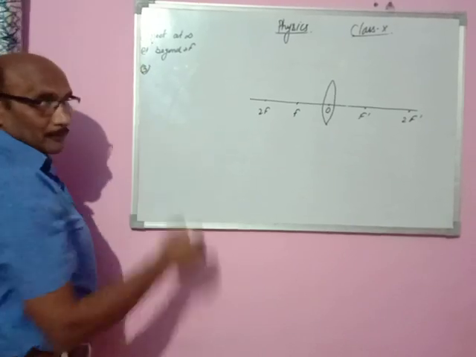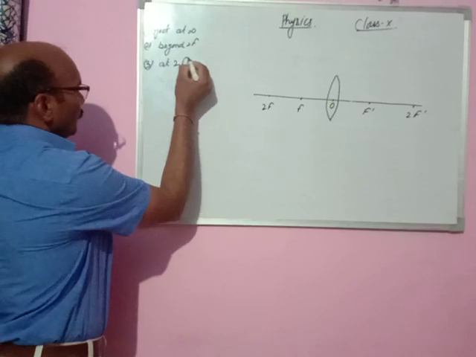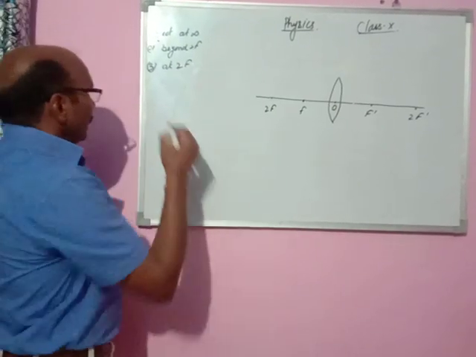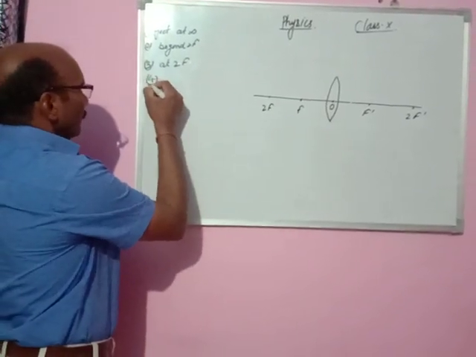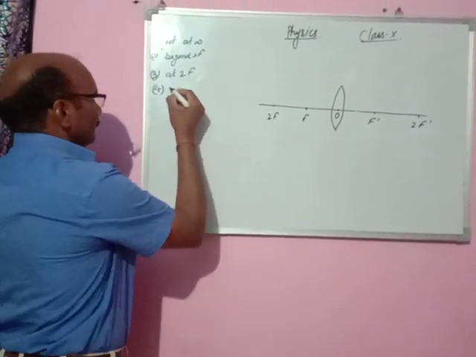Number 3, object is at 2F. Number 4, object is between F and 2F.